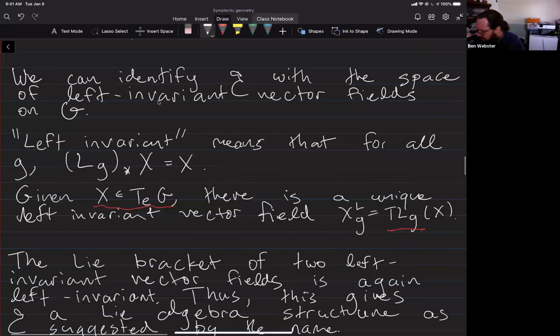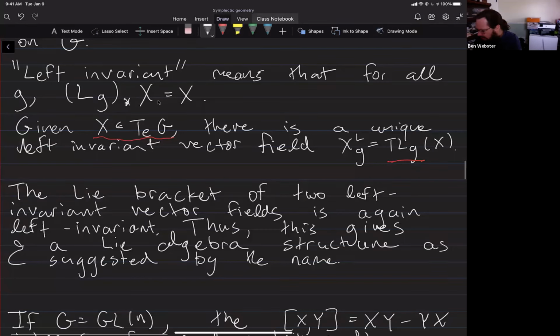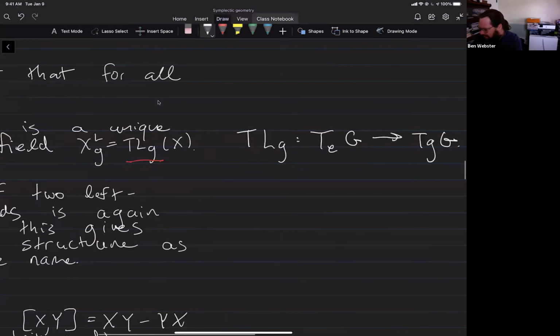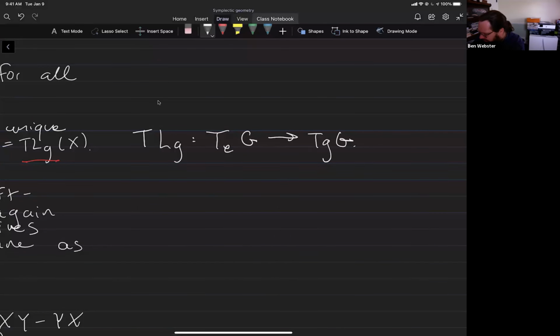But thinking about it as left invariant vector fields gets us something very nice, because there's an operation we know on vector fields. We can take the Lie bracket, which again, I'll just remind you, means I look at the difference between evolving with respect to the first one and then the second versus the second one and then the first. So I'll have some vector fields.